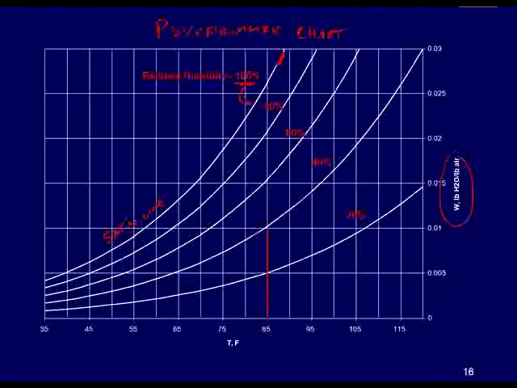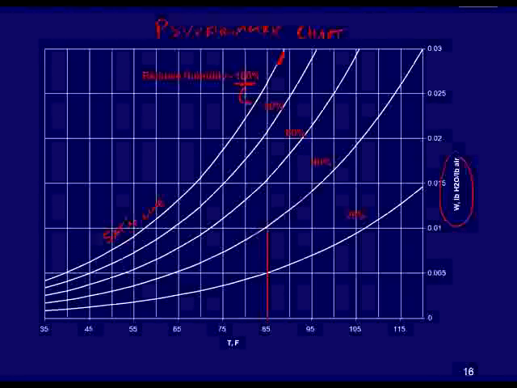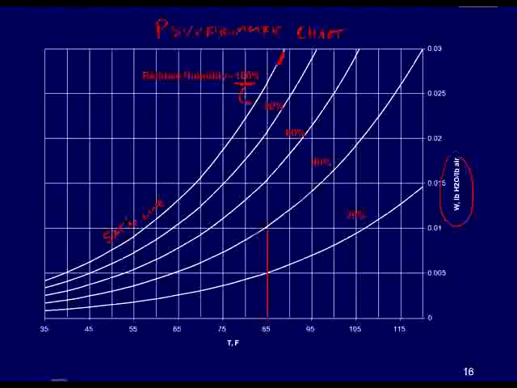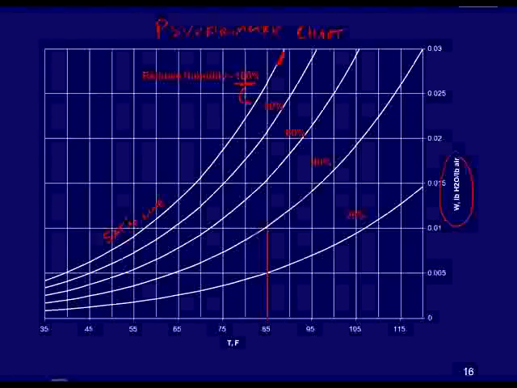And so if I take my example, let's go back and change that example to 40% relative humidity. Then you'll find that at 85 degrees and 40% relative humidity, we draw it.